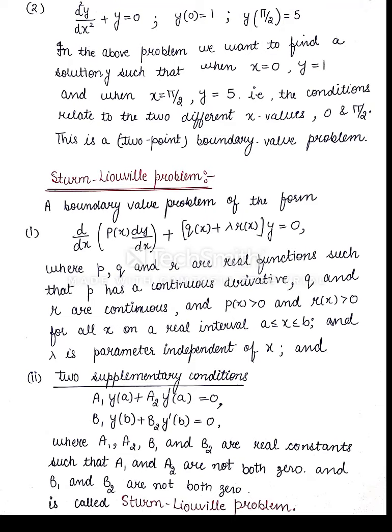So now let us move to Sturm-Liouville problem. So what is a Sturm-Liouville problem? It is a boundary value problem with supplementary conditions where the condition on the constants is also prescribed.